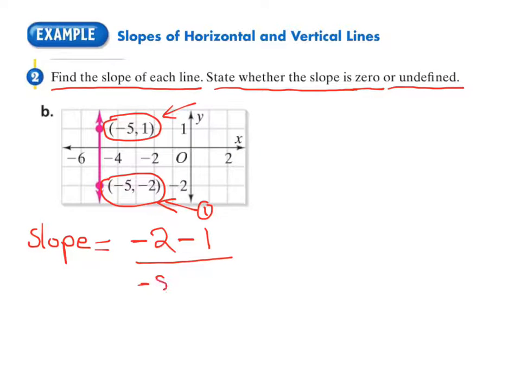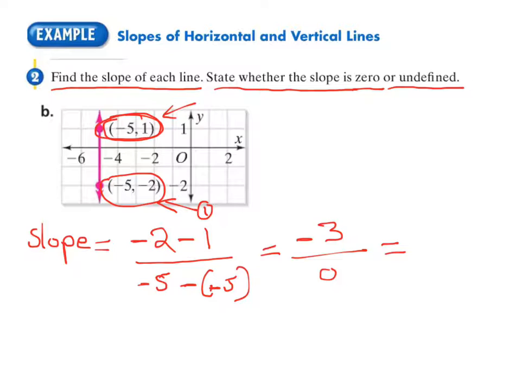So negative 5 minus, what is the x coordinate of this point? Negative 5 again.